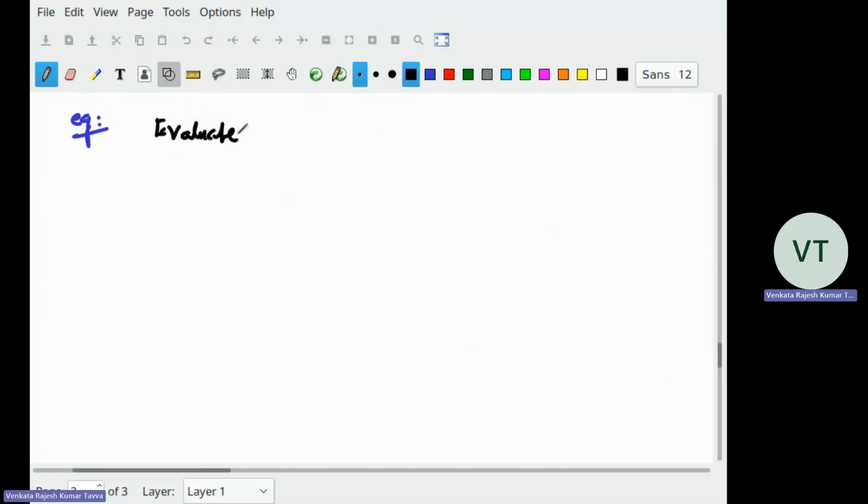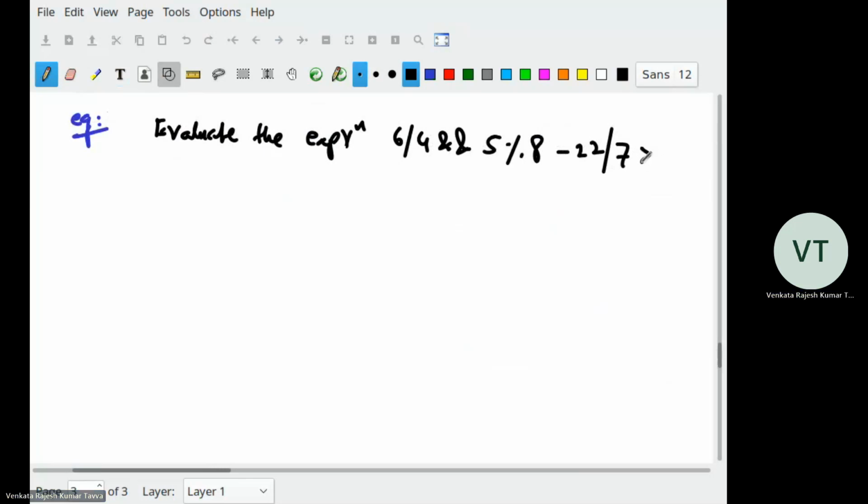Evaluate the expression, say, a long expression with different kinds of operators just mixed in a random way. So say 6/4 and 5 mod 8 minus 22/7 right shift with 2.